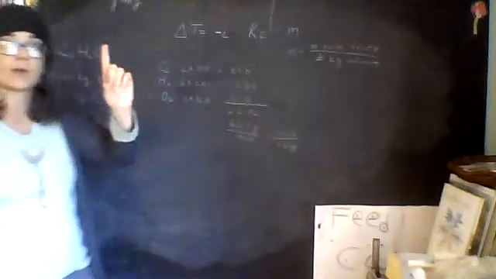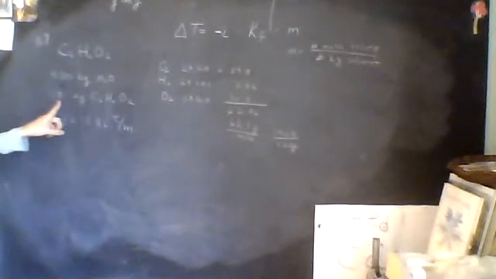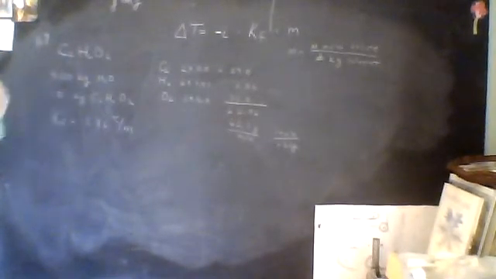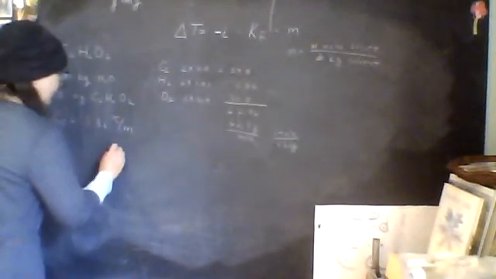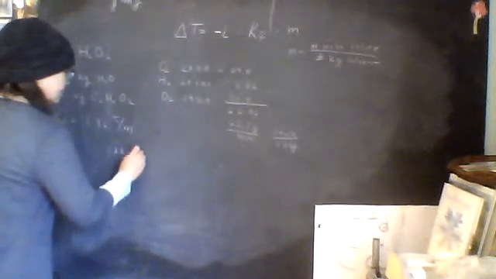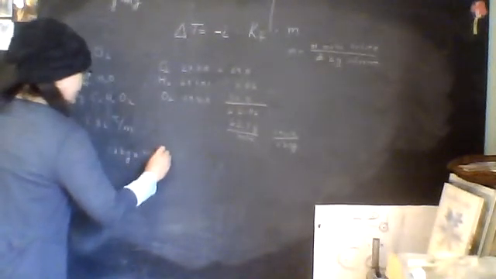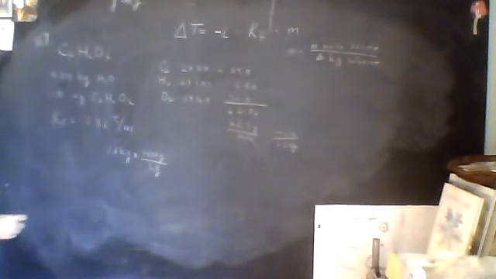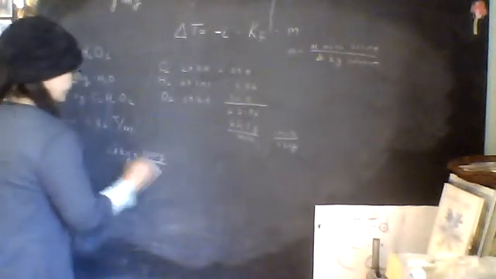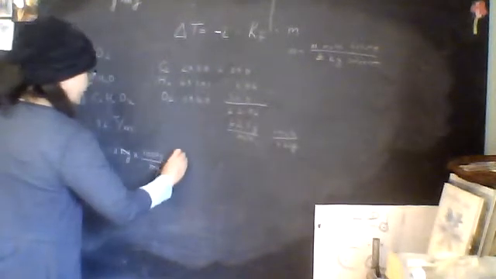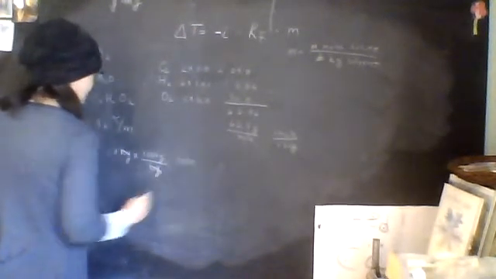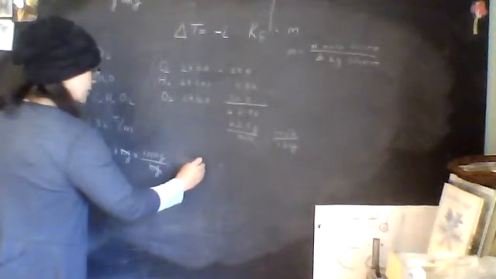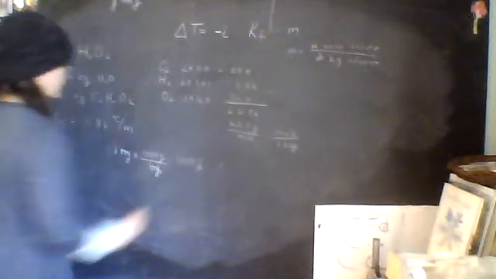But wait a minute, this isn't grams yet. Let's make it grams. We say 1.0 kilograms times 1,000 grams per kilogram, so we have 1,000 grams.